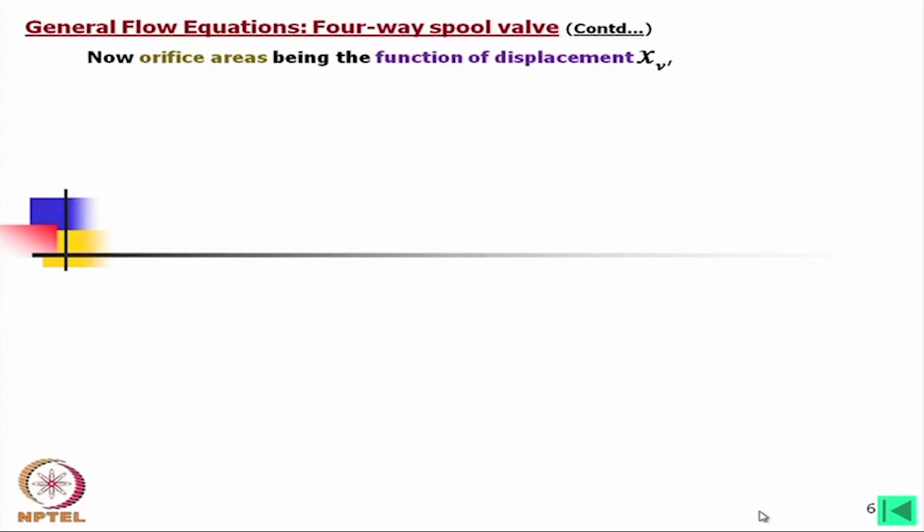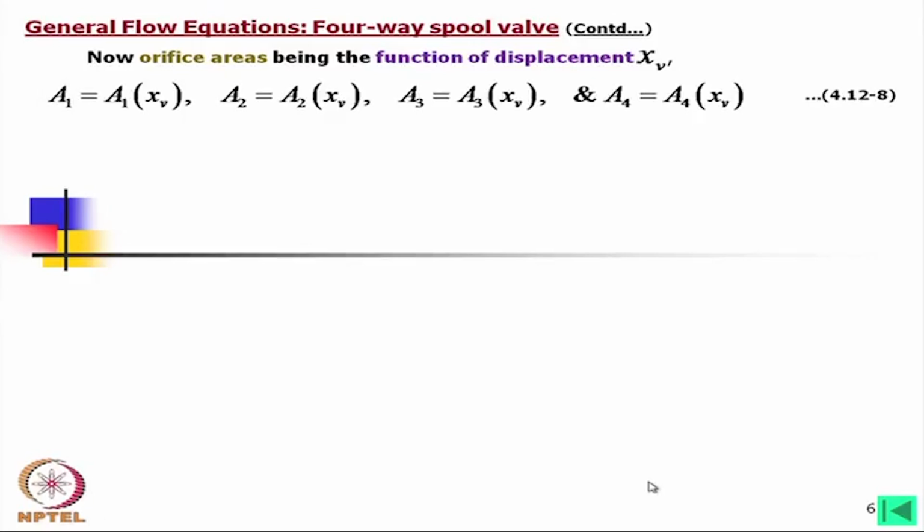Now, the orifice areas being functions of displacement xv. What is it? This opening, multiplied by the displacement, will give the area of this orifice.